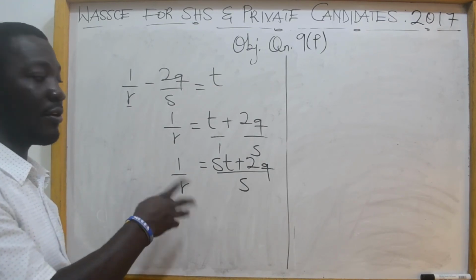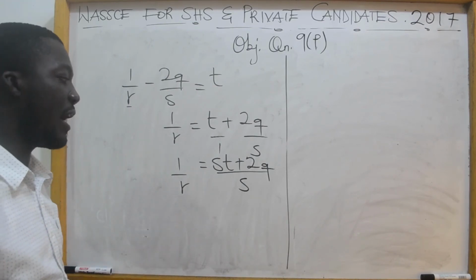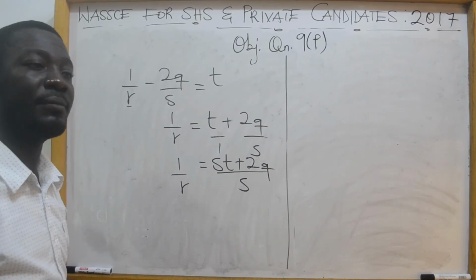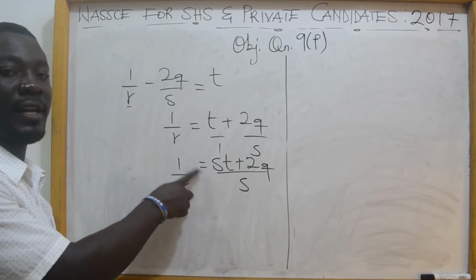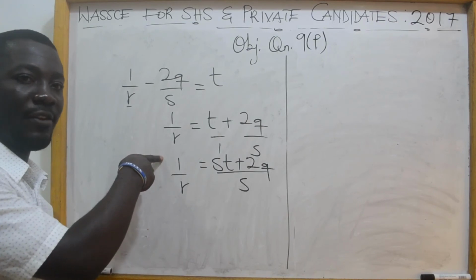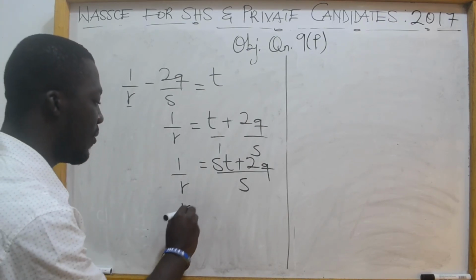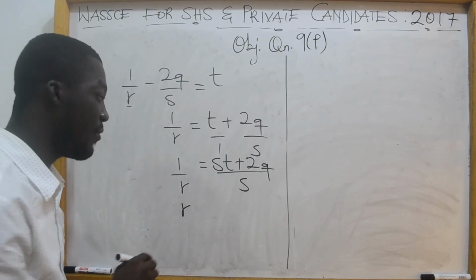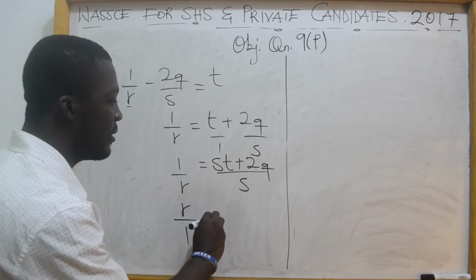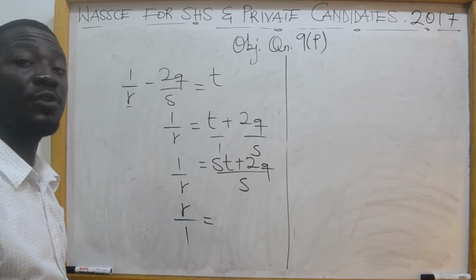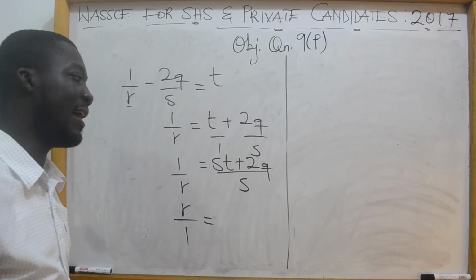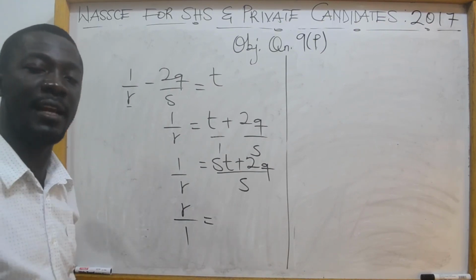But one of the simplest ways is to reciprocate the various fractions we have so that the one you want to make the subject changes from the denominator side to the numerator side. What I mean is, when you reciprocate 1 over R, you are going to get R over 1 is equal to, then you also reciprocate the other side as well. You turn it upside down.